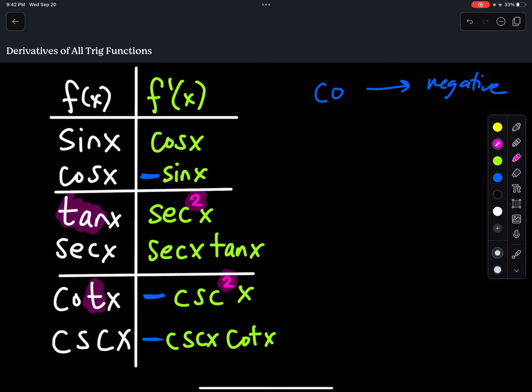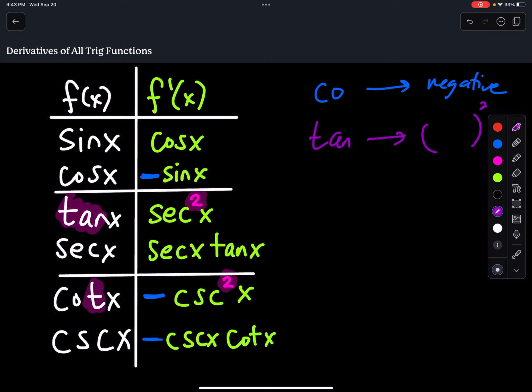So the derivative of tan, there's going to be a squared in your answer. The derivative of a cotan, there's also a squared in your answer. So if you're taking the derivative of a tan, the result will have a square. Okay, so two observations so far.